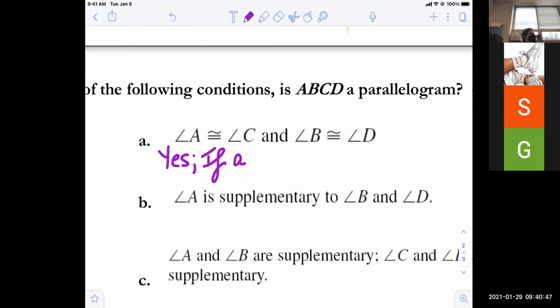Okay, hold on. We don't know it's a parallelogram this time. So that's how this is going to be different than what we did in the last lesson. Because in the last lesson, I told you it's a parallelogram, and in this one, we're concluding it's a parallelogram. So Blair, we don't know it's a parallelogram, and the conclusion is going to be then it's a parallelogram. What do we know?